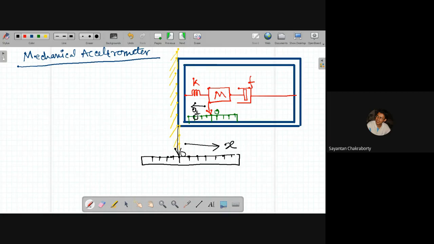Okay, so whenever this entire accelerometer starts moving with the vehicle in this direction, this mass will start moving in this direction, and this will cause a contraction in the spring.